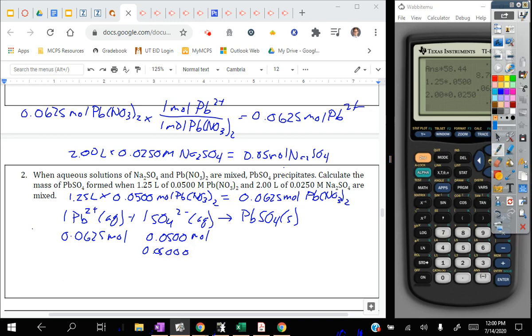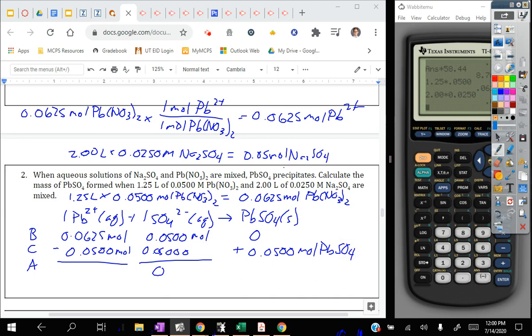think of this like a BCA table, which we talked about back in the limiting reactants. I can subtract 0.05 moles from each of these. Sulfate is my limiting reactant. That goes down to 0. And then that means if I started with no moles of lead sulfate, I must end up with 0.050 moles of lead sulfate.